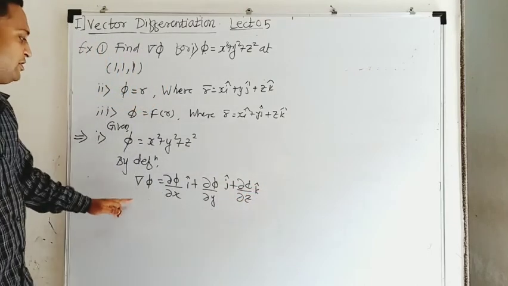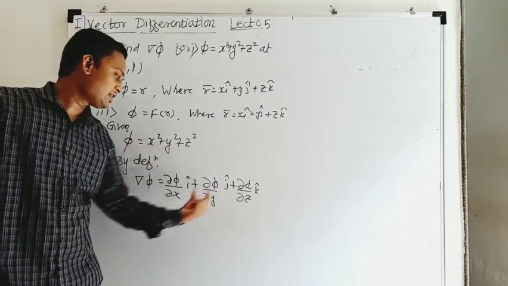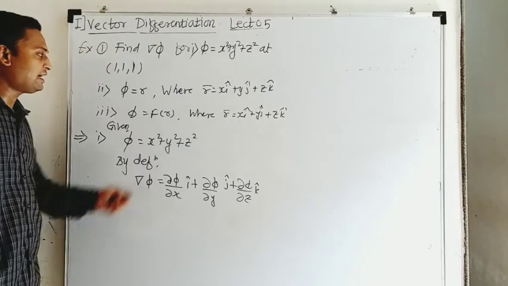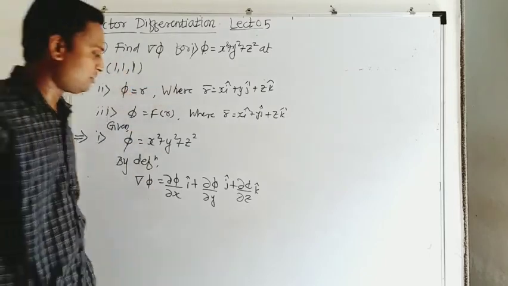Okay, this is by definition, and for this example phi is this. So find these three derivatives and substitute here. We get the value of del phi, and at the end, if you substitute the values of x, y, z as 1, 1, 1, you will get the required value of del phi.